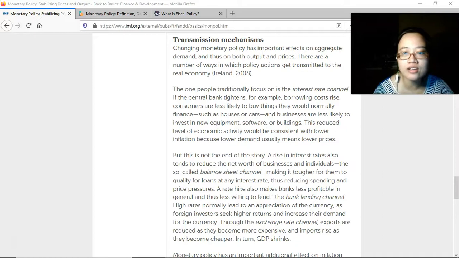A rate hike also makes banks less profitable in general, because there would be fewer borrowers and banks profit from the interest rate, and thus less willing to lend. Okay, the bank lending channel. High rates normally lead to an appreciation of the currency as foreign investors seek higher returns and increase their demand for the currency.